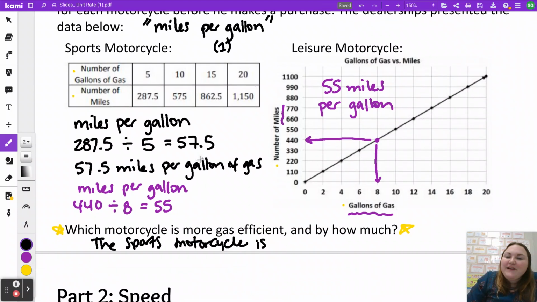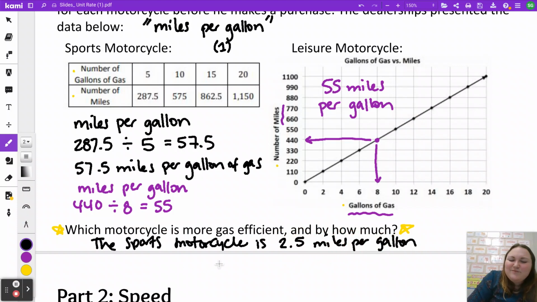So how much more efficient is the sports motorcycle? It's like I'm asking for the difference in these numbers. We would need to subtract, and that would give us 2.5 miles per gallon.